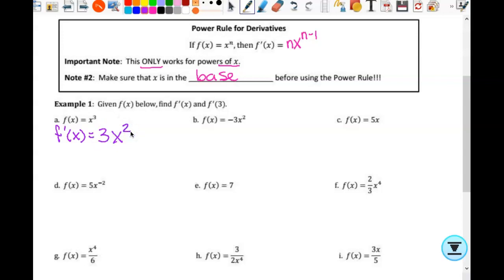It's that easy. Okay? You good with that? Now that's f prime of x. Let's find f prime of 3. Then you just substitute it in there. It's 3 times 3 squared, which is what? 27.